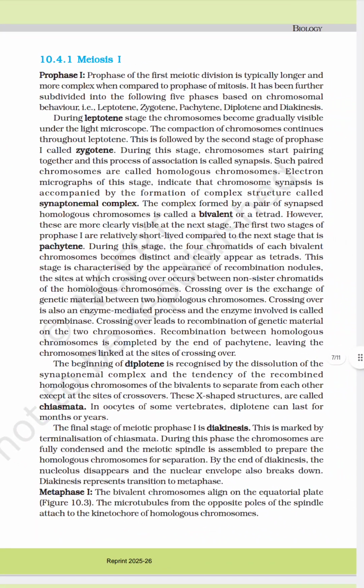It leads to recombination of genetic material between homologous chromosomes. At the end of pachytene, chromosomes are linked at the crossing over sites.